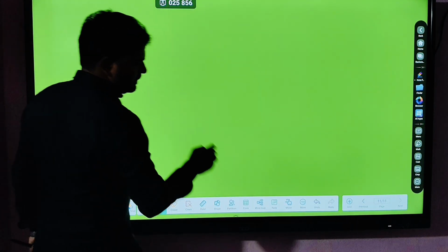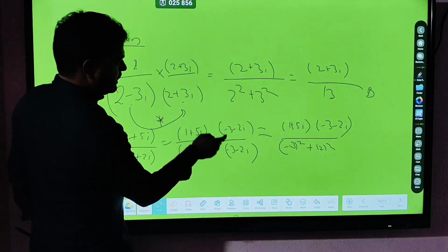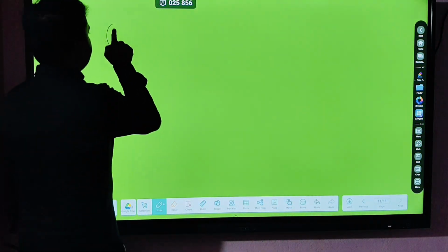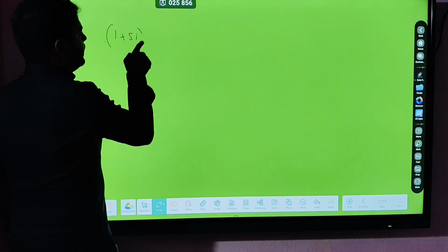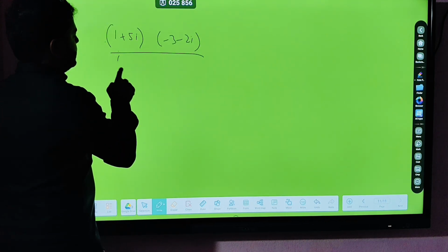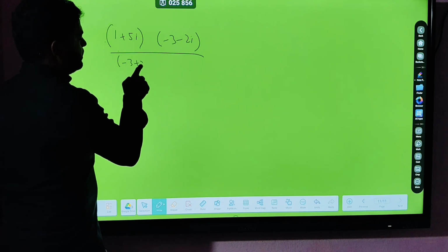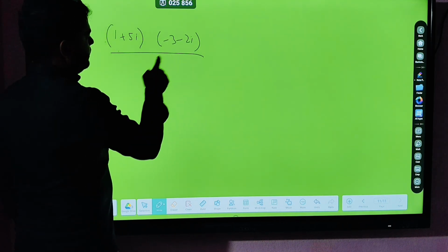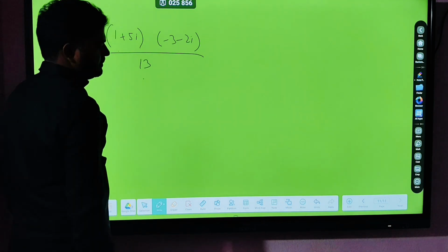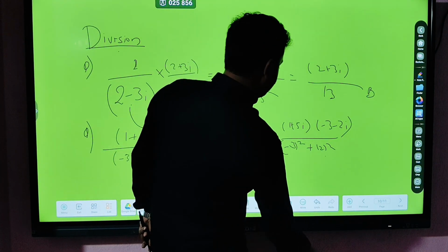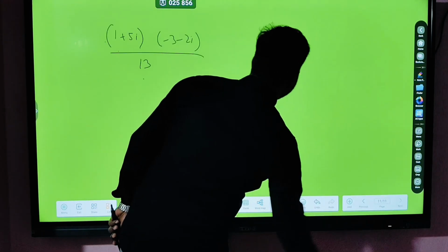Okay, just 1 second. The question was 1 plus 5 iota, then minus 3 minus 2 iota. In the denominator we had already solved it, and we got 9 plus 4, 13, right? Am I correct? 1 plus 5 iota, minus 3 minus 2, yeah.